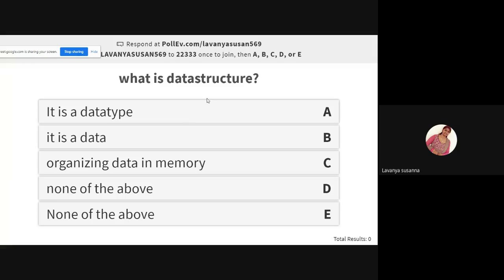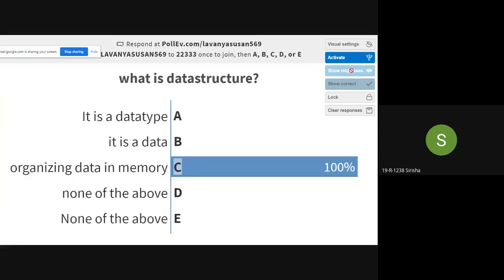Open Google Chrome. In the address bar, type pollev.com/Lavanya SUSAN 569. Who is that? Ma'am, sorry.